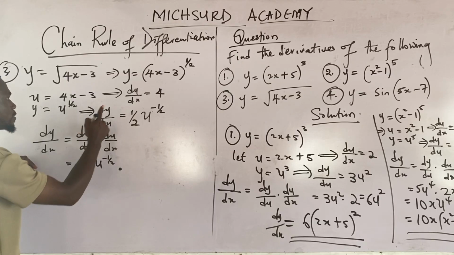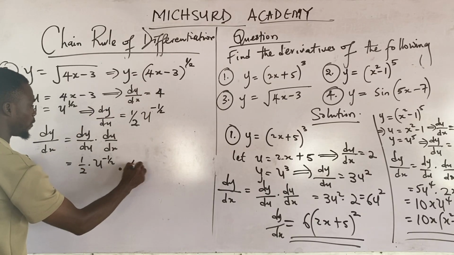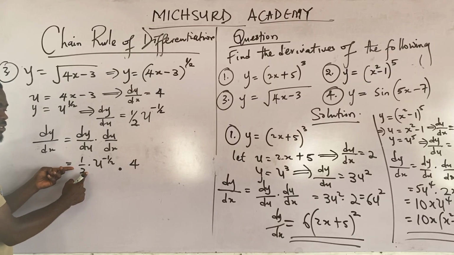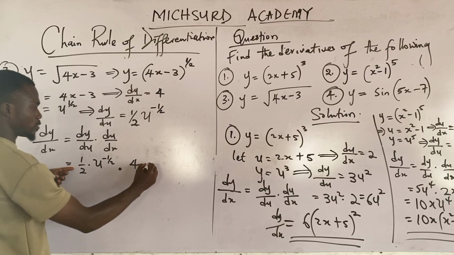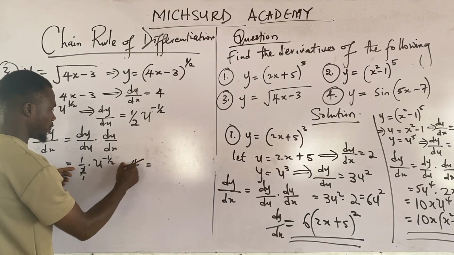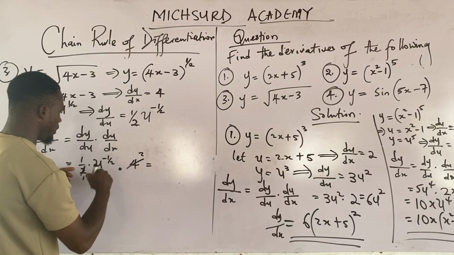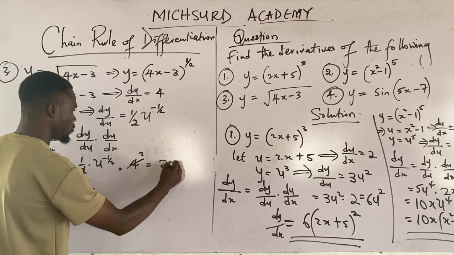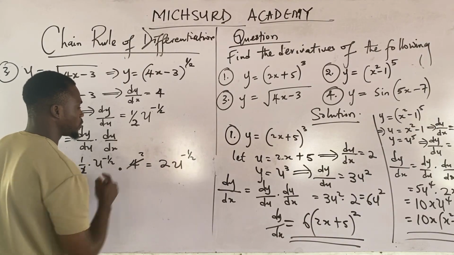Our du/dx is equal to 4. So we have this. Now you can see that 4 can multiply with your half, so that all we'll be having is 4 can go here, 2 can go here, 4 over 2 will be 2. So we'll be having 2 times 1, which is 2u to the power minus half.